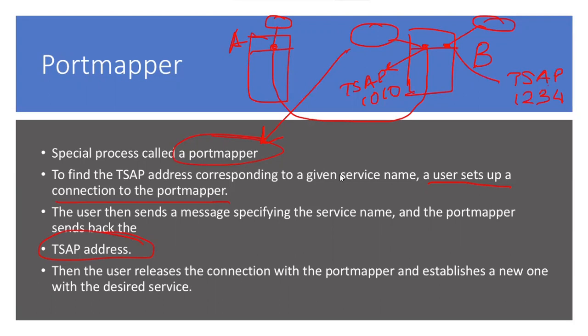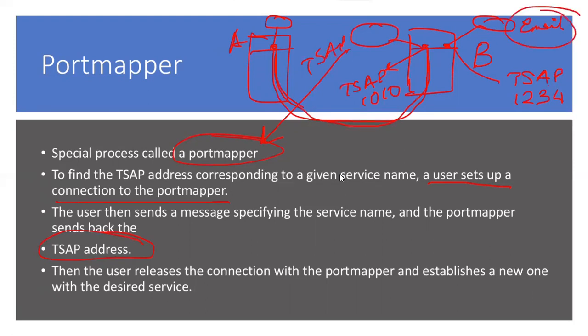The user sends a message specifying the service name. Say the name of the service is email service: I want to use the email service of B. It will send a message saying that I want the TSAP of the email service running in your machine. In that case, the port mapper will send back the TSAP of the email process which is running.